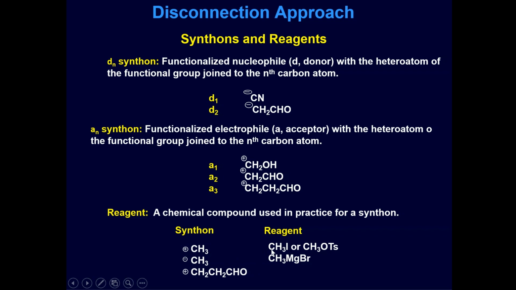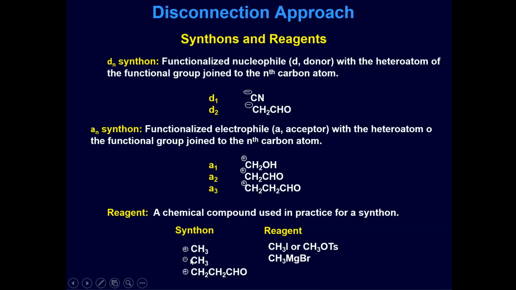Instead of CH3I, I can use CH3OTs, tosyloxymethane. This can dissociate to CH3 plus and the tosyloxy group. These two different reagents can be used for the same synthon.